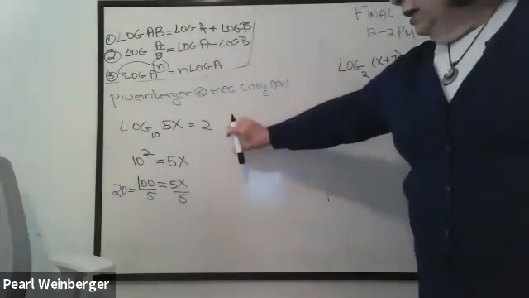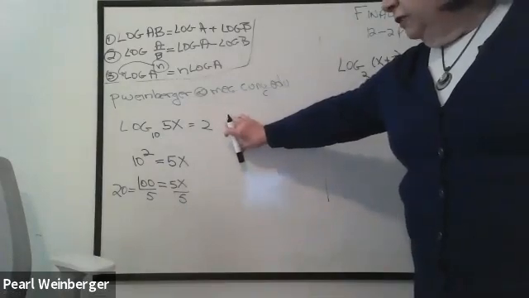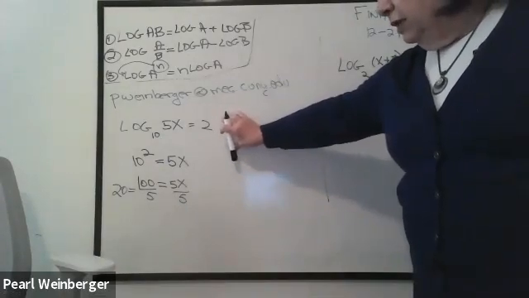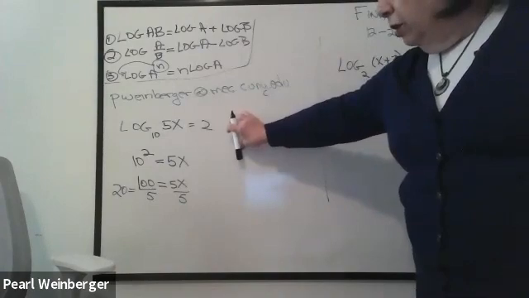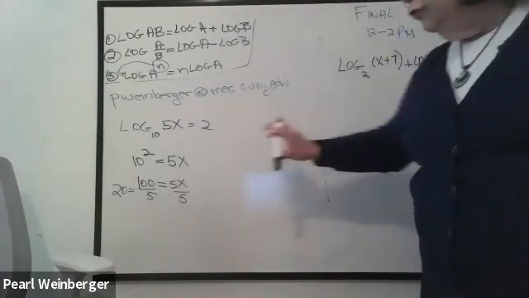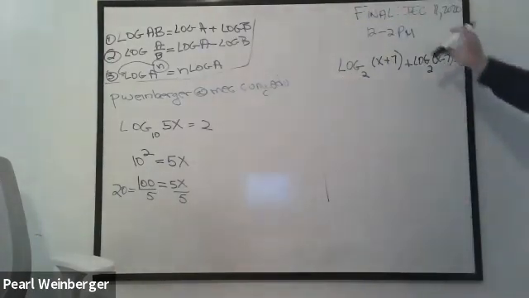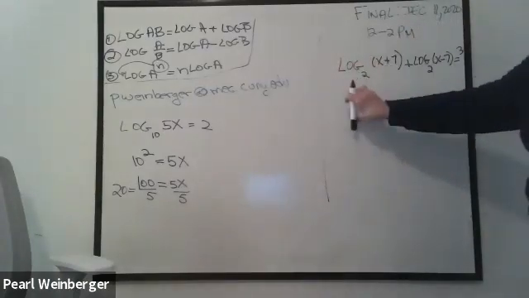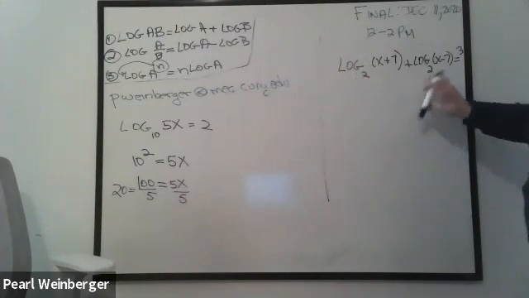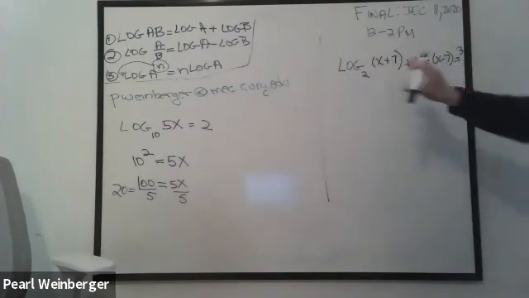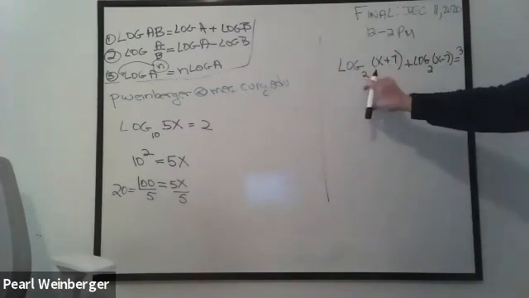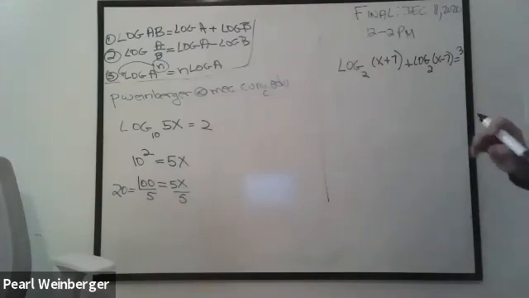And when I gave you a method of solving log equations by saying, change it from the log format to the exponential format, I could only do it if I had one log on the right side, or on the left side, and a number on the other side. I can't have multiple logs. So somehow this is a problem because I have more than one log here.